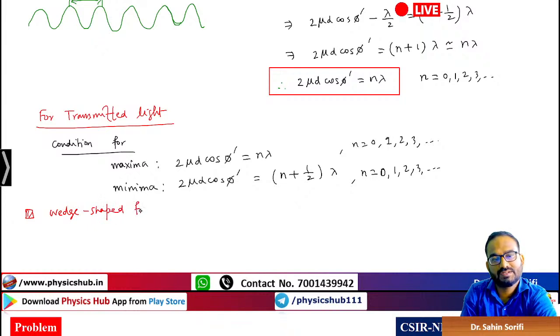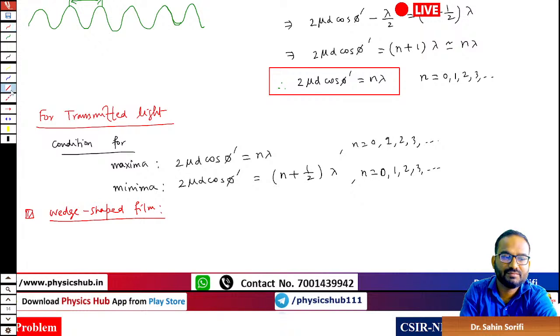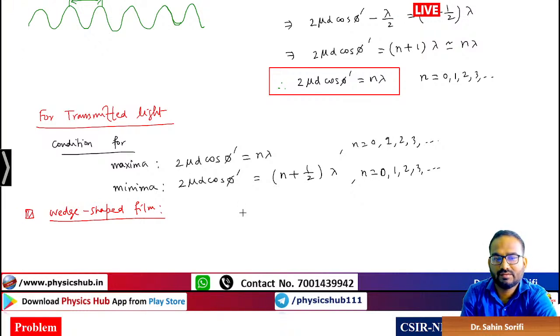We are not going much into the detail of wedge shaped film, but just remember that previously we had parallel thin films.